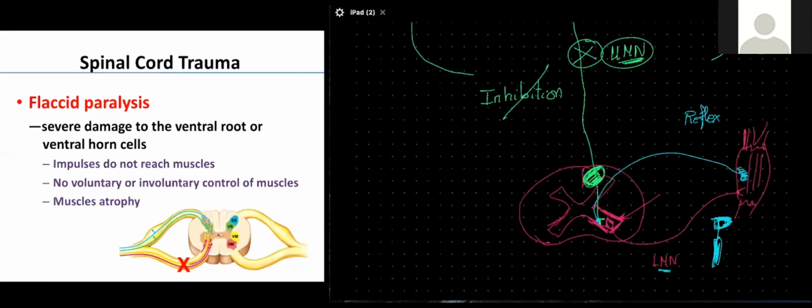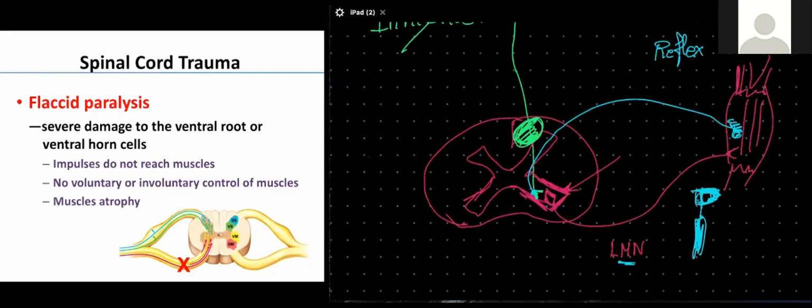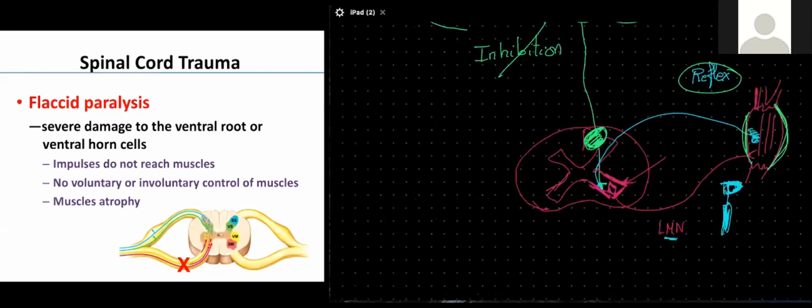So who will take the upper hand is this reflex excitation. This results in a continuous contraction of my skeletal muscle. We call this a spastic paralysis.